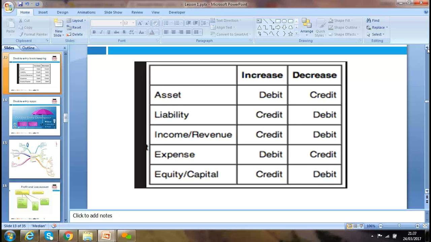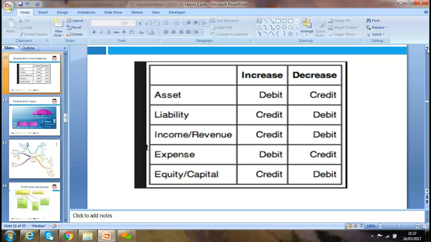If we have goodwill, if we have a good brand name, it is our asset.